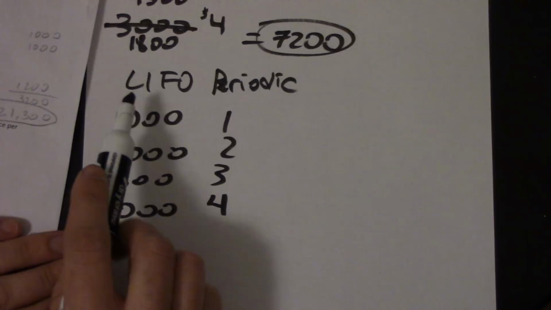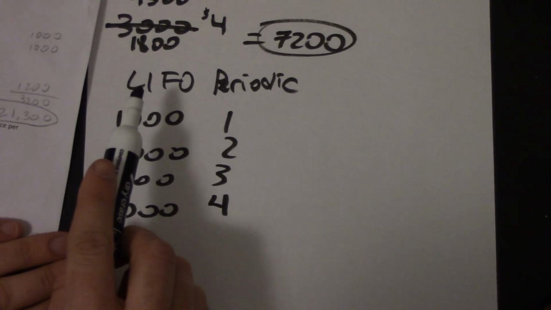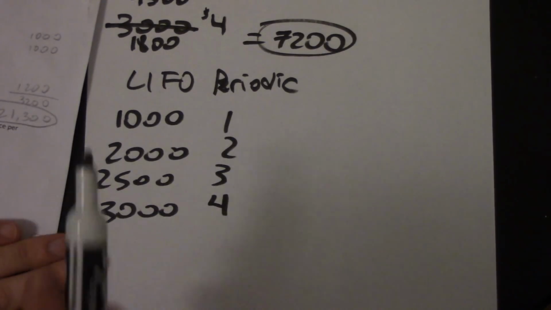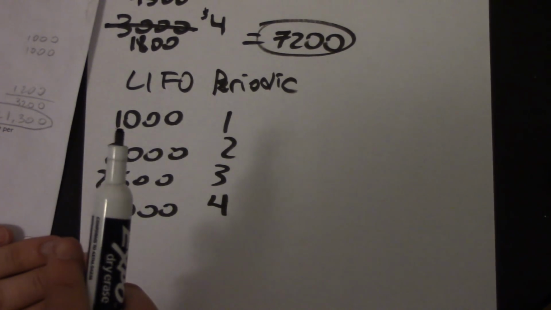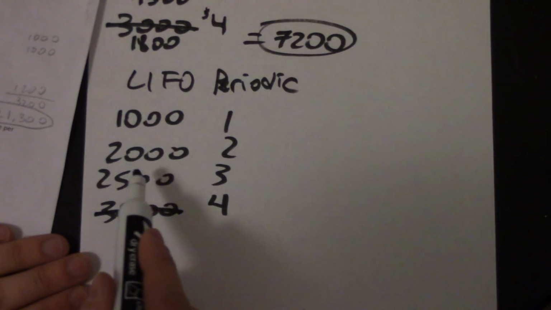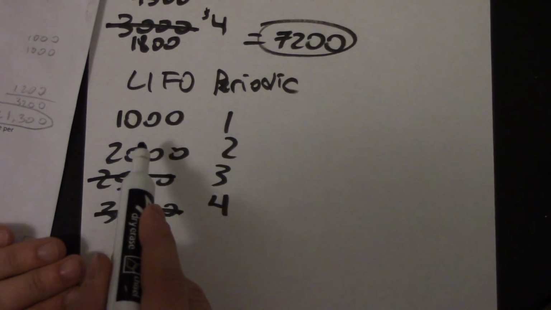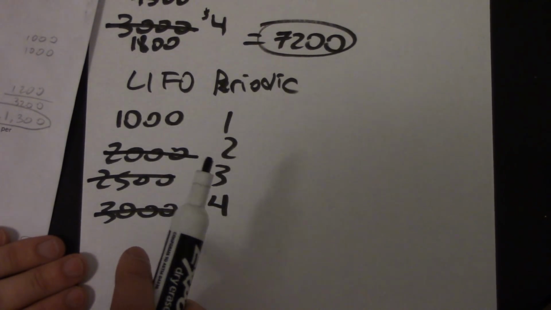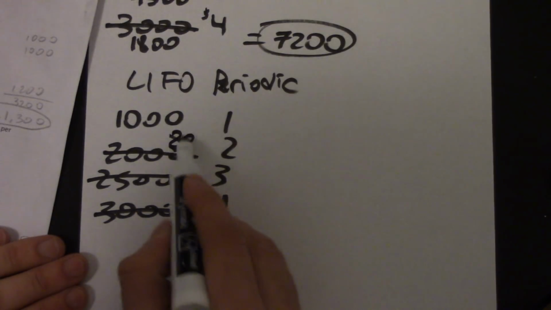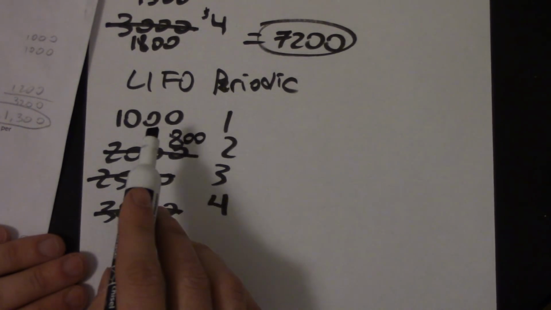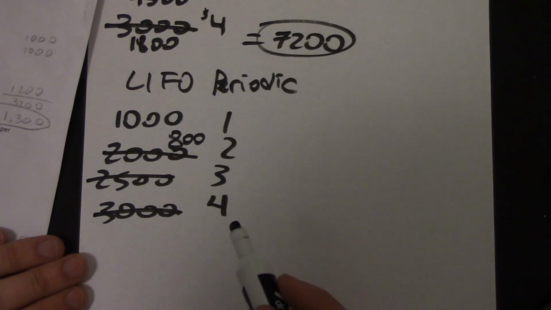With LIFO, we sell the last inventory, so we're going to go from the bottom up. So if I sold 6,700 units, I'm just going to keep crossing off until I cross off 6,700 units. So I'm going to be left with 800 costing $2, and then 1,000 costing $1.